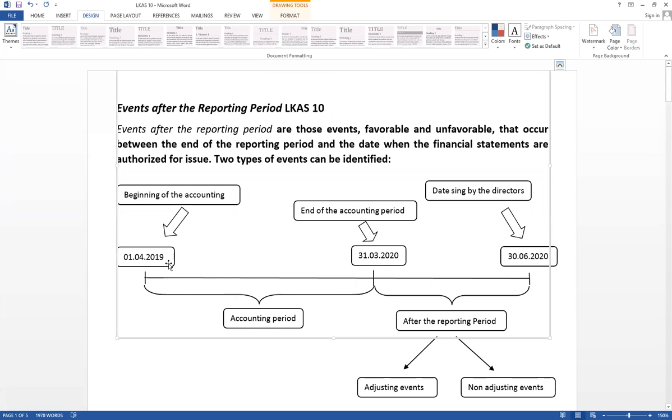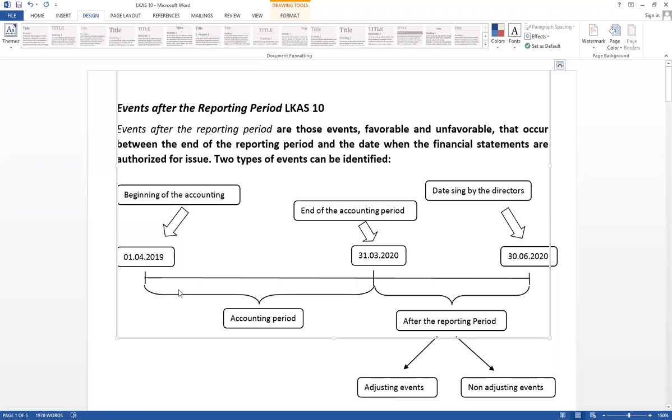Based on the periodicity concept, we have to provide information annually. Therefore, accounting period end of the year 31st March 20, beginning of the year 1st April 19. This is the year for which we prepare accounts. We are not talking about things that happened in this. After the reporting period means some things happening after this also have to be adjusted when preparing this year's accounts.